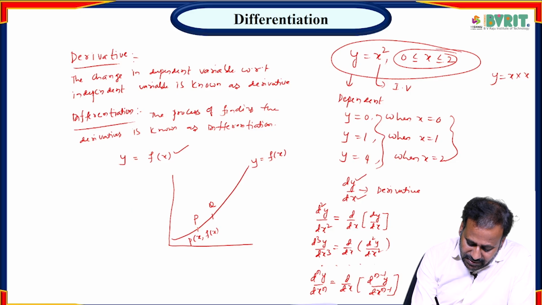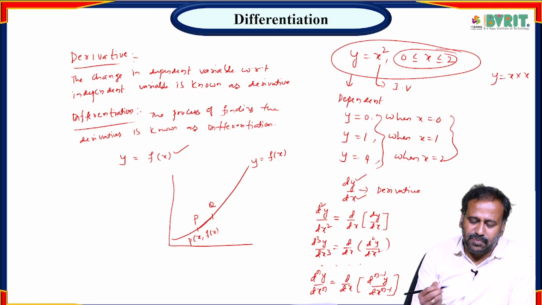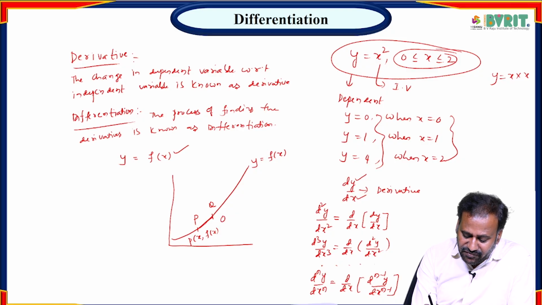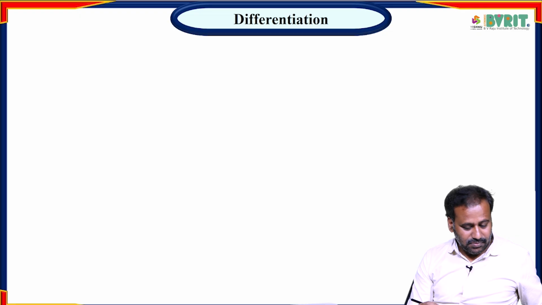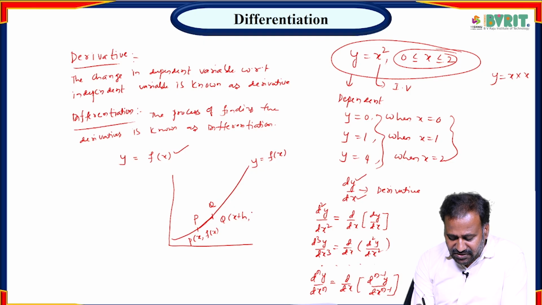Next, I am taking some arbitrary point Q here. The coordinates of Q I am taking like this: the x coordinate as x plus h, and the y coordinate as f of x plus h.